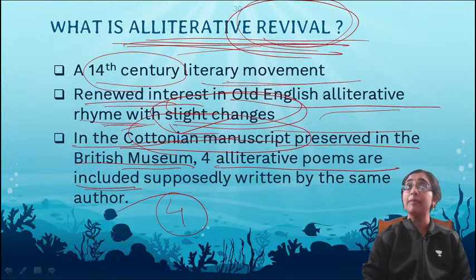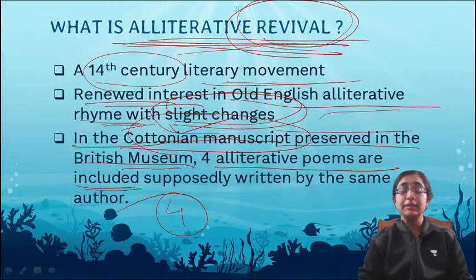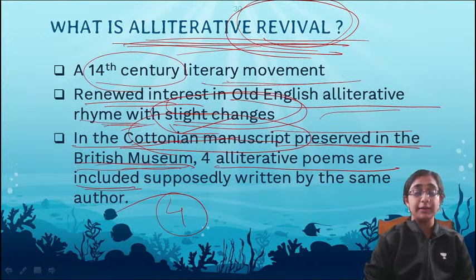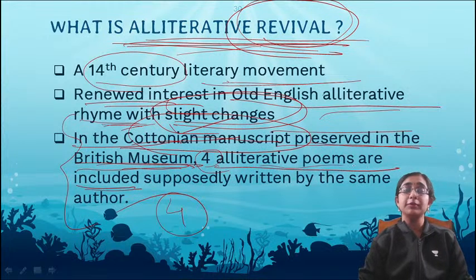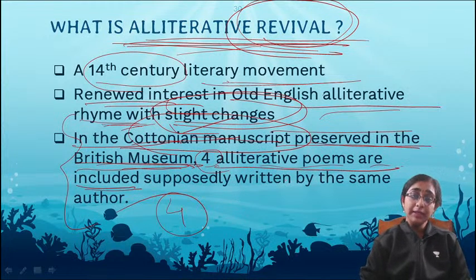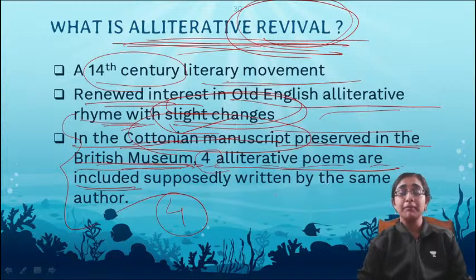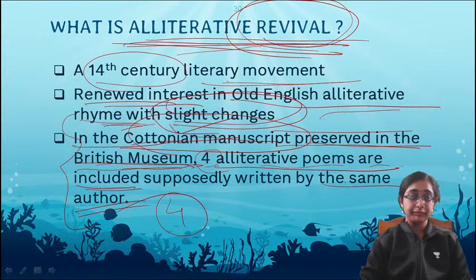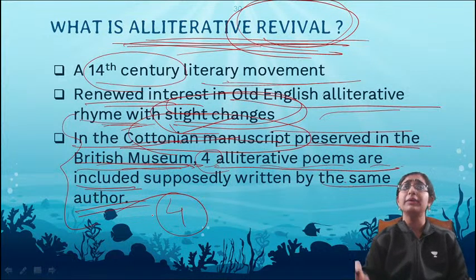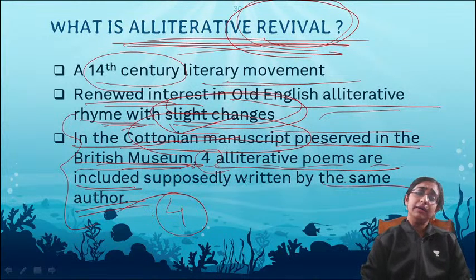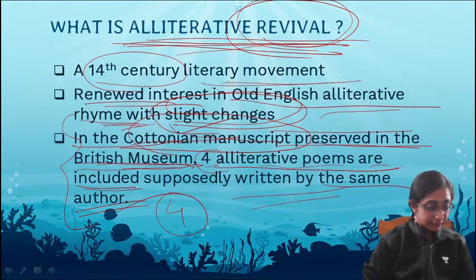It was preserved in the British Museum. In that manuscript, 4 alliterative poems were found, and it was believed that all the poems were written by the same author. But who is the author? We don't know his name. But it was believed that all poems are composed by the same author.